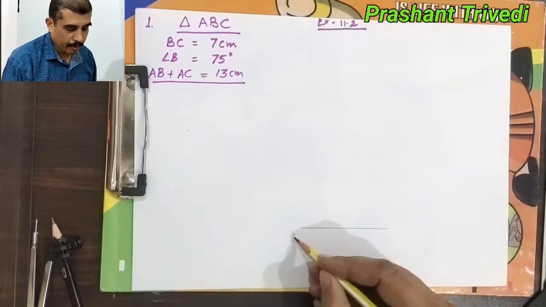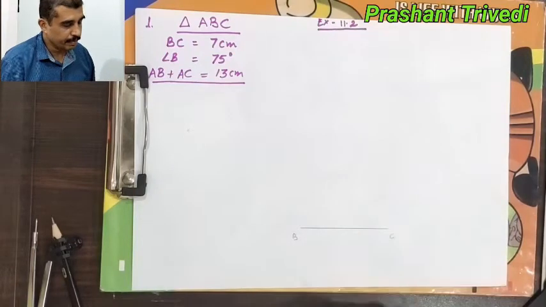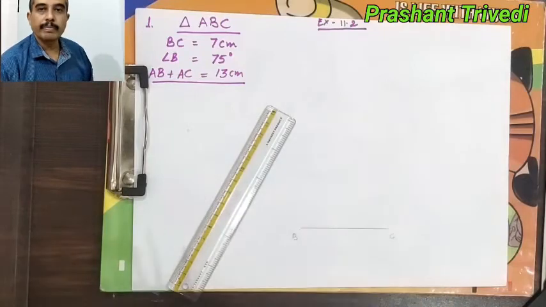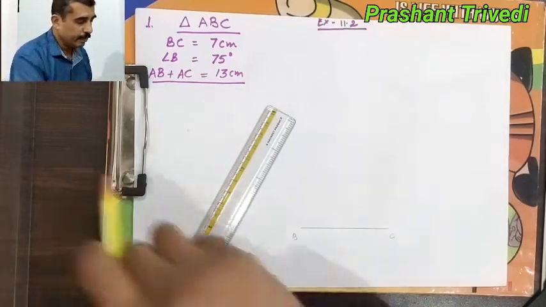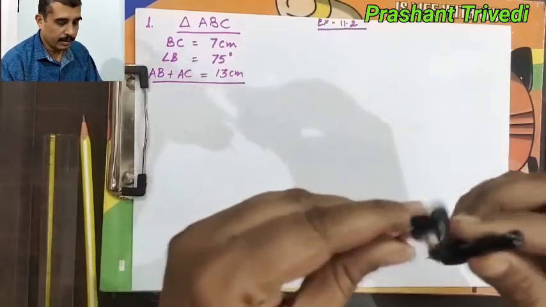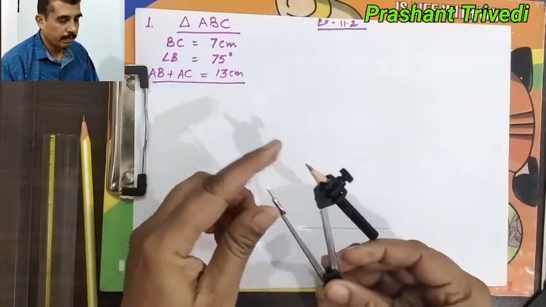Point B, point C. To construct 75 degree at point B, take a compass of sufficient measure.